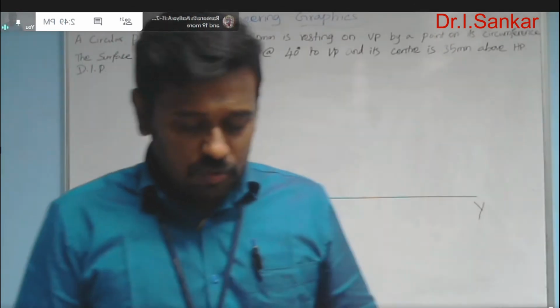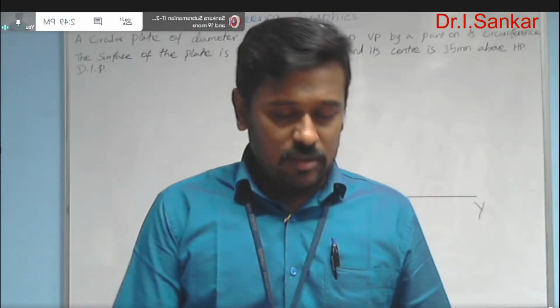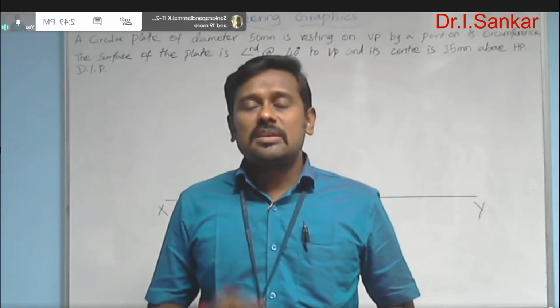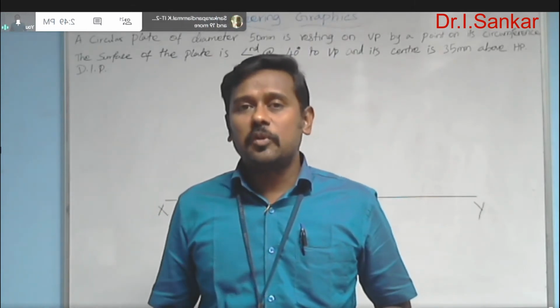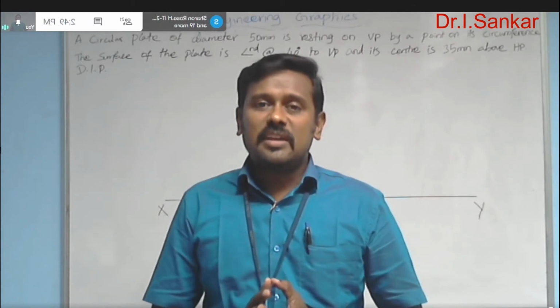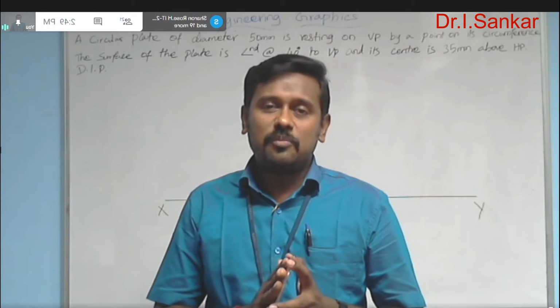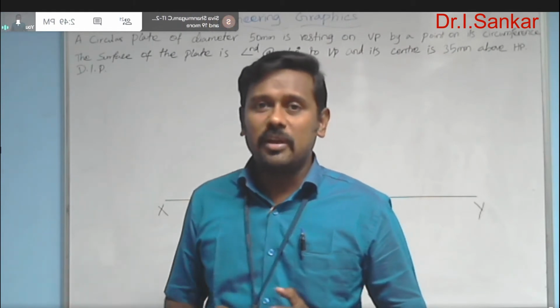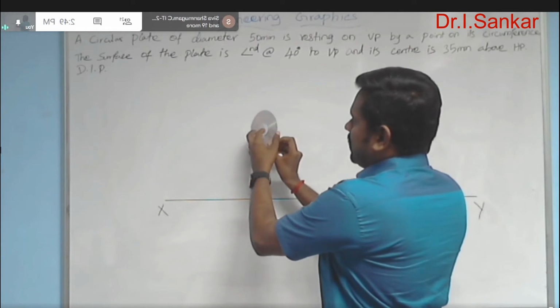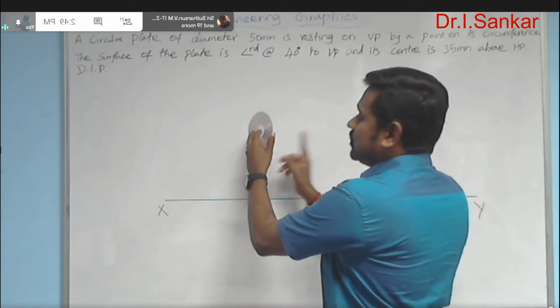Like the previous question, it's also a projection of planes problem, and in order to draw the simple front view and simple top view of the given object, first you need to neglect the surface inclination of the object with respect to the particular plane. In this question, the surface inclination of the circular plate is 40 degrees with VP.